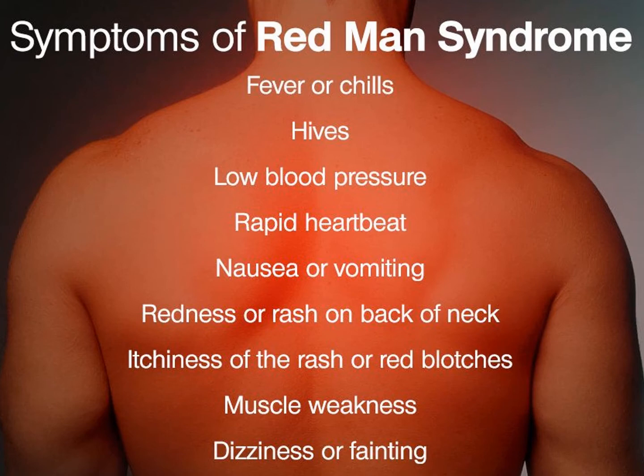You can get this diffuse red rash on your body, itching of the rash, some muscle weakness, dizziness. So this is from a rapid infusion of vancomycin. So just remember, red man syndrome is from a fast infusion of intravenous vancomycin. And this is really the main reason, well, including the phlebitis, why it's infused over 60 minutes.